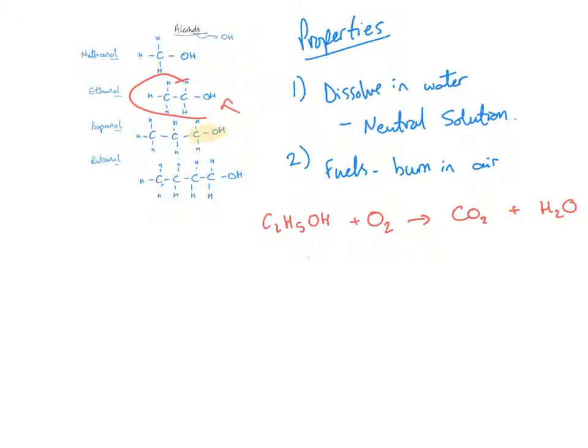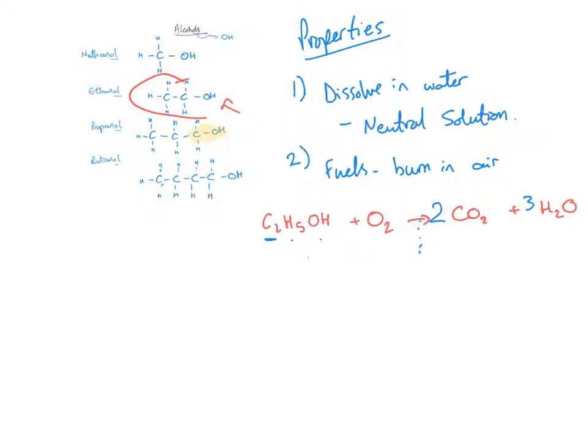Now to balance this, you have got 6 hydrogens on this side and 2 there, so I need 3 there. Now balance my carbons. I've got 2 here so I want 2 carbons on this side. And finally my oxygens.